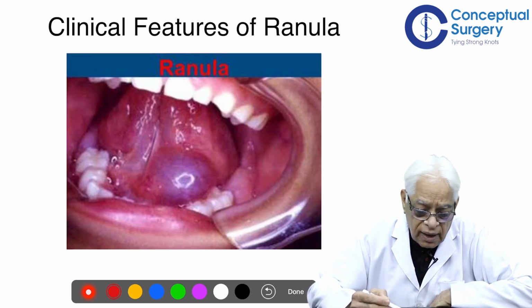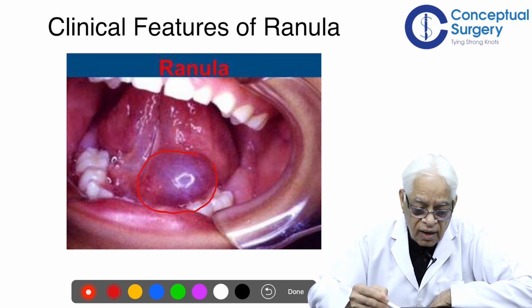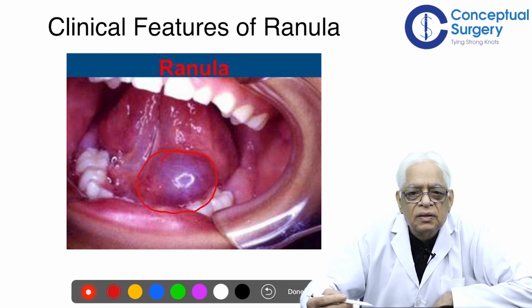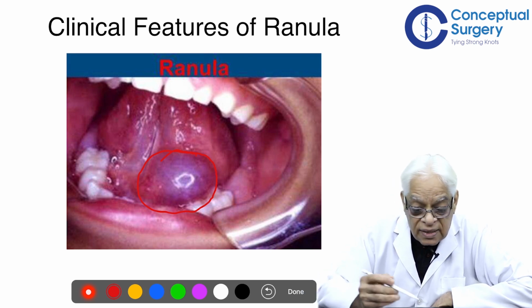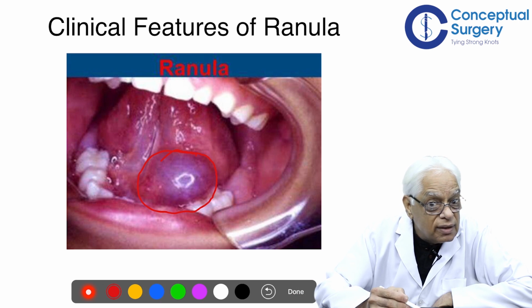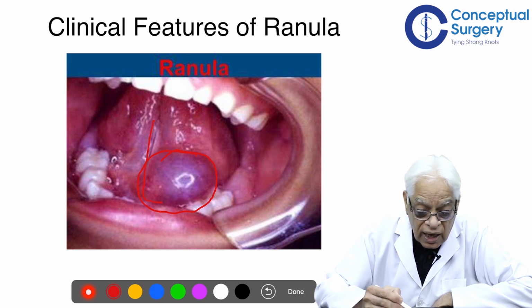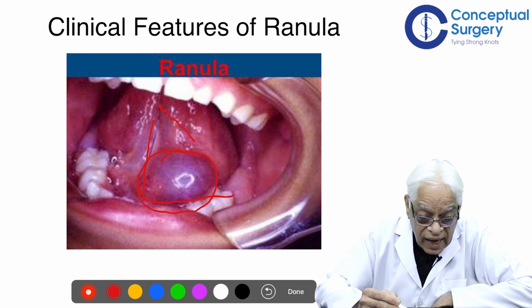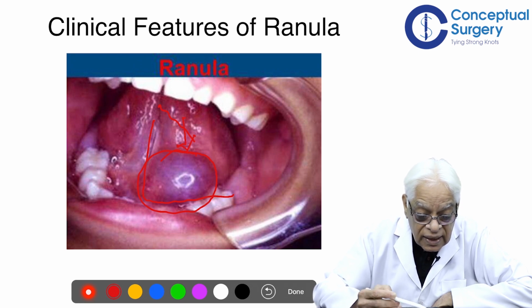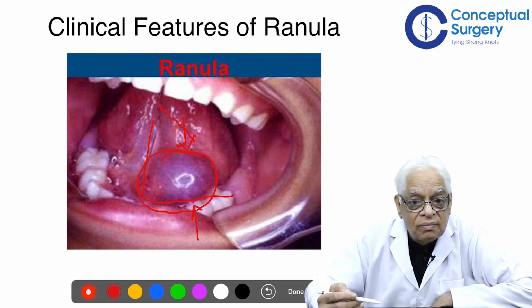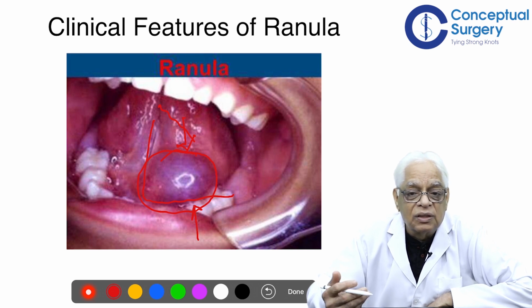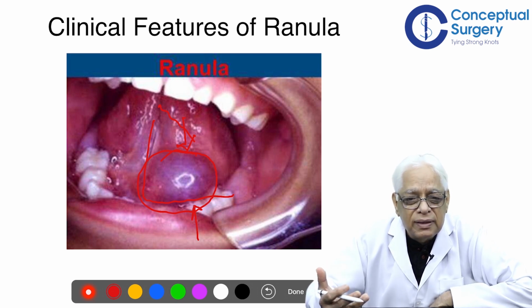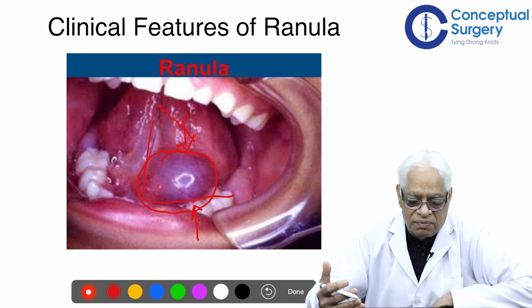You see that swelling there? Bluish, translucent. See, it is not in the midline, it is one side of the midline. Under the tongue, superficial to floor of mouth. This is called a ranula because it resembles the belly of a frog.